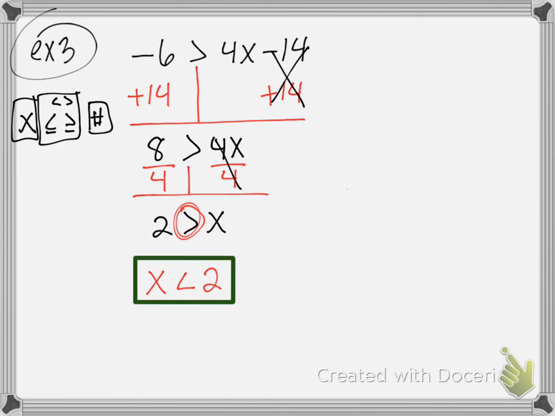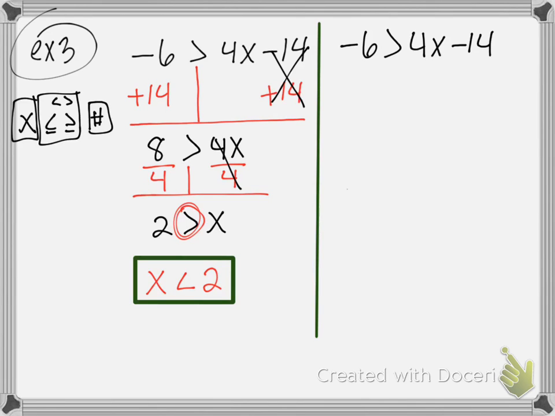Okay. And so let's see if you don't do that, let's say you want to change the x already to the left side and you want to do it that way. Let's say we have negative 6. We're going to do this all over. You can just move the 4x on the other side the first thing that you do.